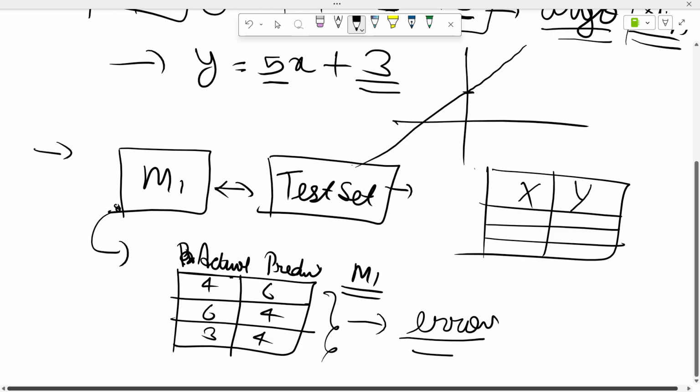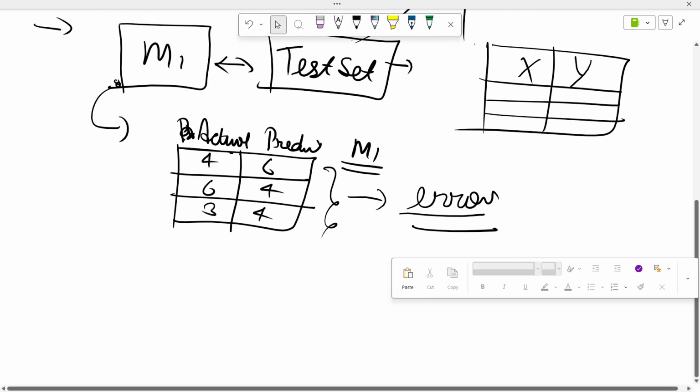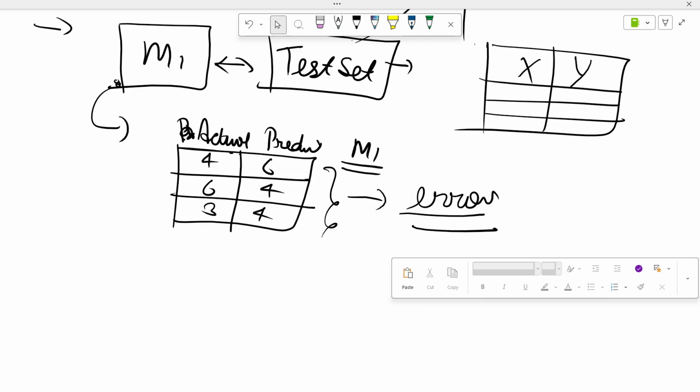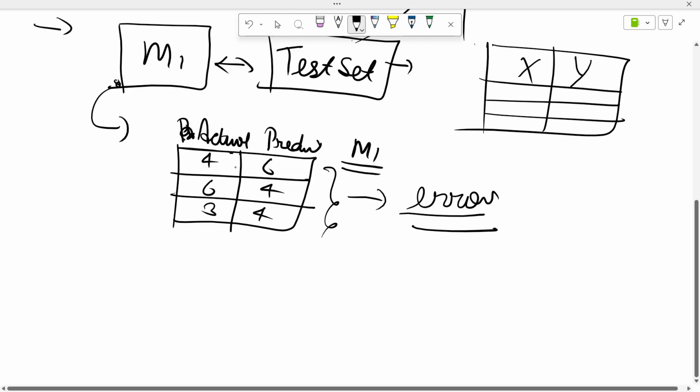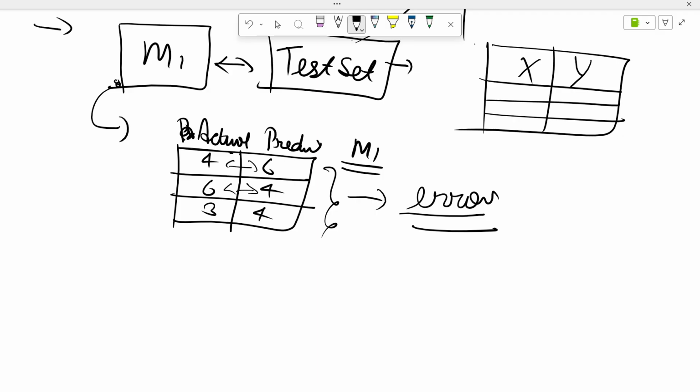The first intuition that comes to mind is, what if we just subtract? Because you want to know how far my predicted value is from the actual value. So let's say you subtract actual value minus predicted value.